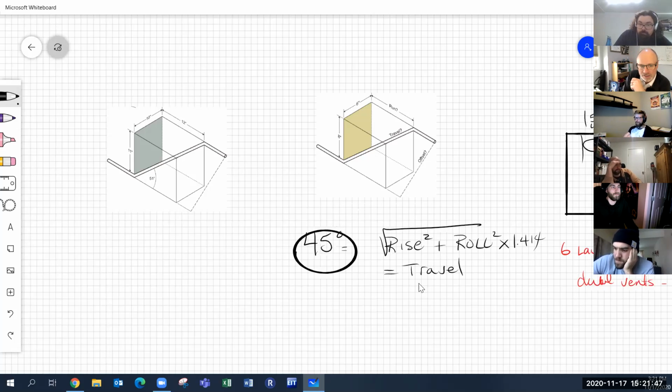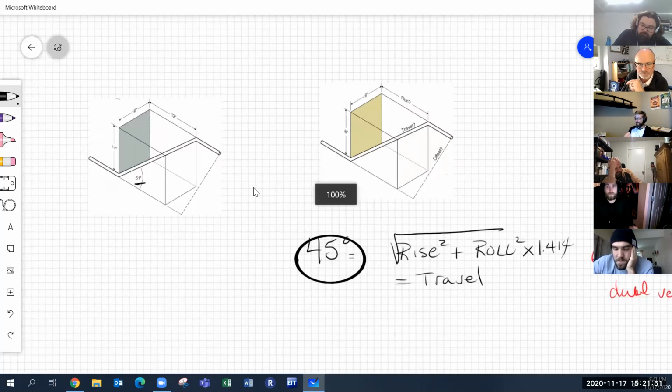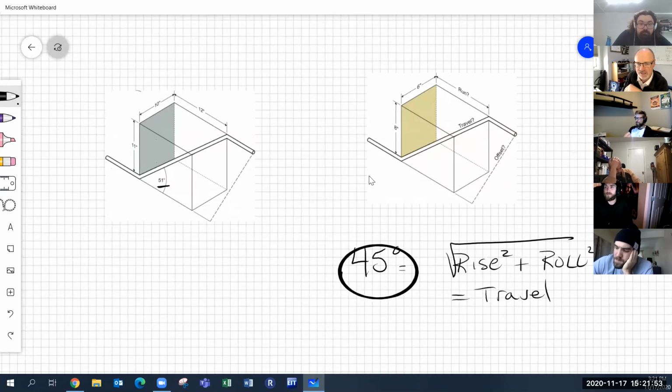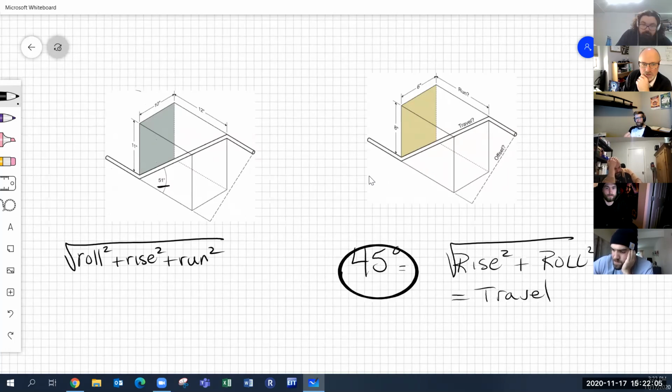If you're not using 45s, like this one over here that says 51 degrees, you take the roll squared plus the rise squared plus the run squared, square root it, and that equals your travel.